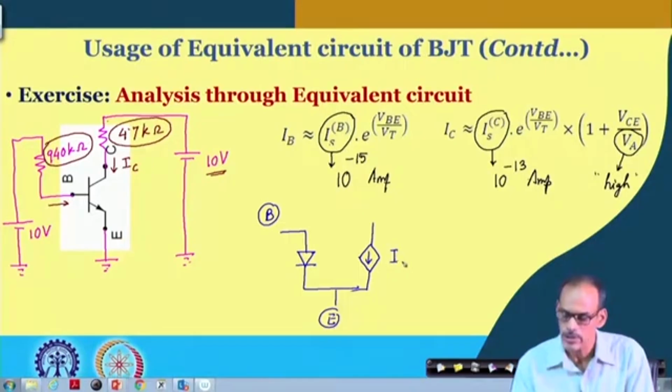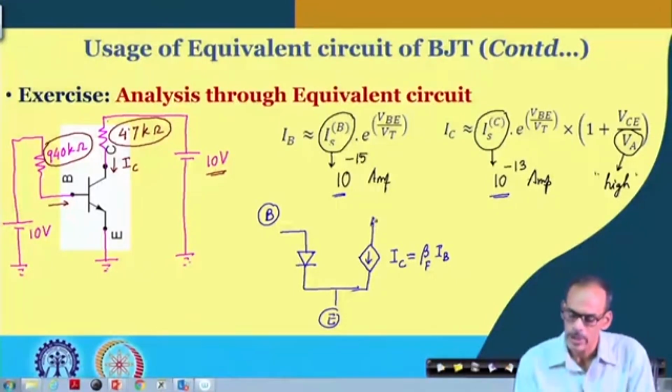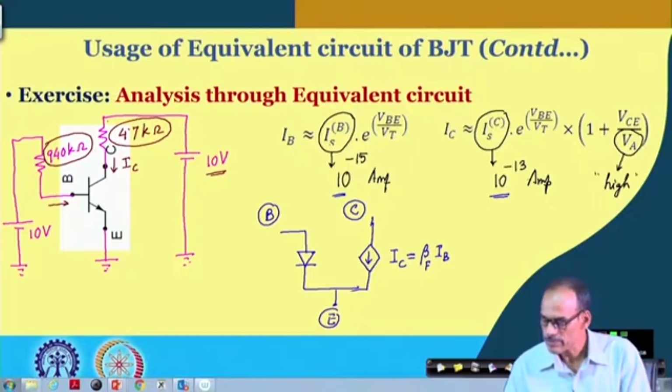So, I c equals to, now if I compare this I s and this I s, if you take the ratio, that gives us beta equal to 100. So, we can say that I c is beta f, 100, multiplied by I b. For the time being we are ignoring the early voltage, assuming it is very high. So, we do not require the additional conducting part, and we have the collector here. So, that is the model of our BJT.